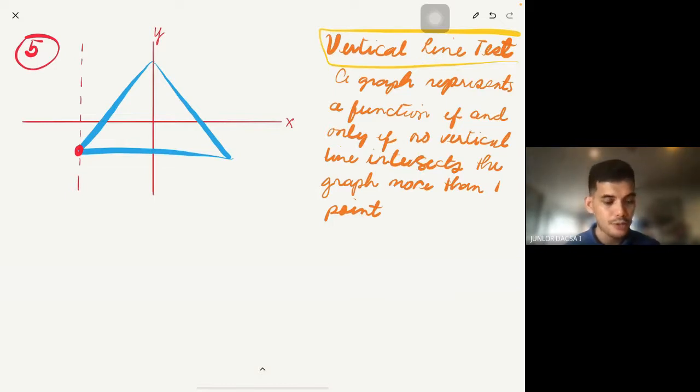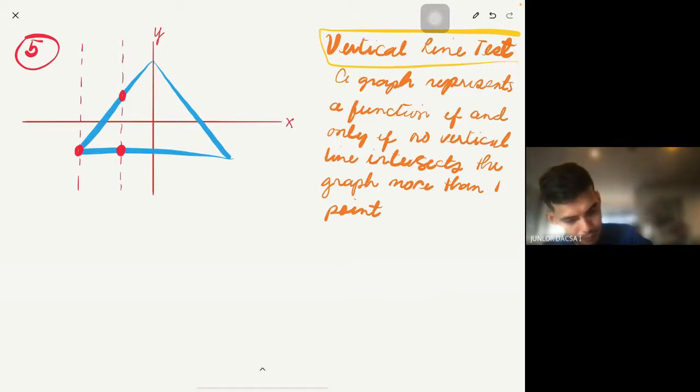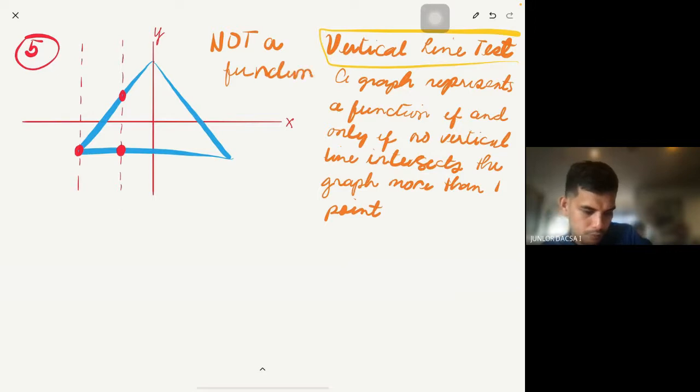Mukhang function siya. Pero pag lagpas dyan, let us say here, magpa-pass through not only at exactly 1 point. Dito, 2 points. So, ibig sabihin, this graph ay hindi na siya function. This is not a function. Bakit?